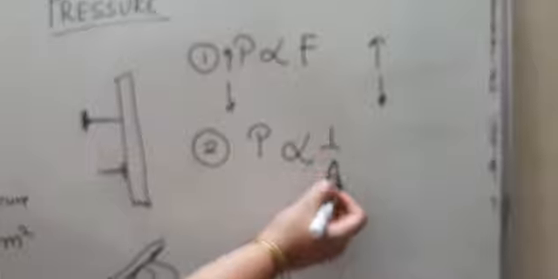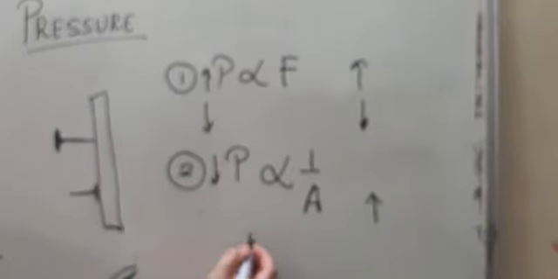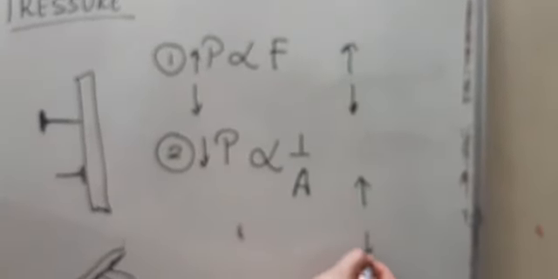According to the formula, area is in the denominator and pressure is on the left side. So if I increase area, pressure will decrease. Or if I decrease area, pressure will increase. Just note this down somewhere in your book so that you can easily find it anytime.